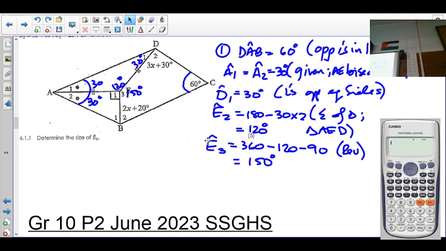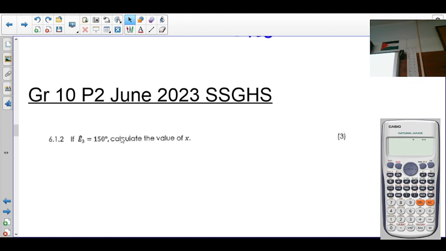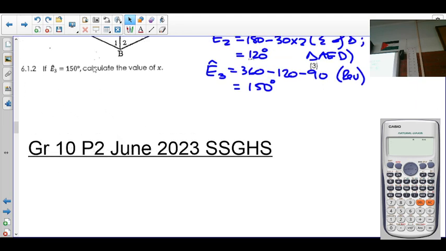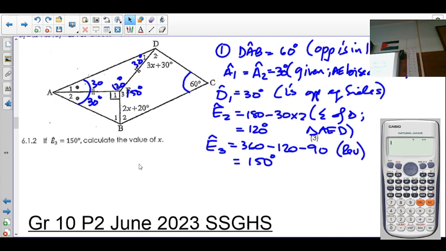Let's go with number 2 now. Question 2. If E3 is 150, which now confirms what I just calculated, not so, calculate the value of X. Okay, so say for argument's sake, we didn't manage to prove E3 was 150. Or you proved E3 to be another correct answer.